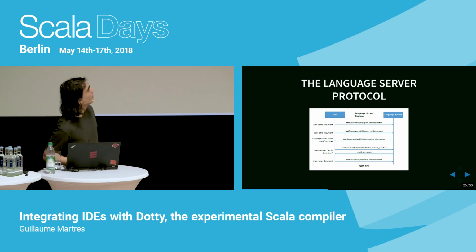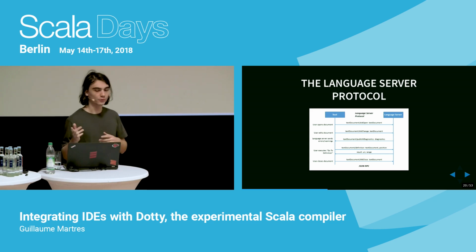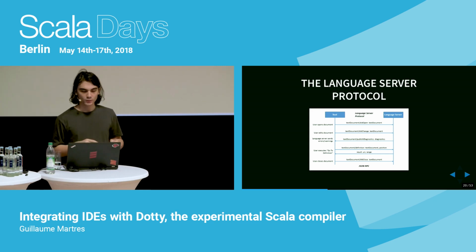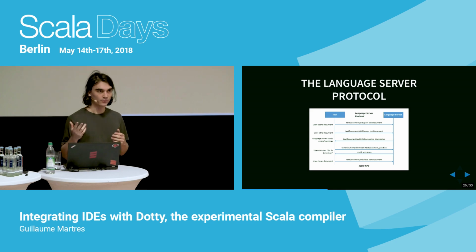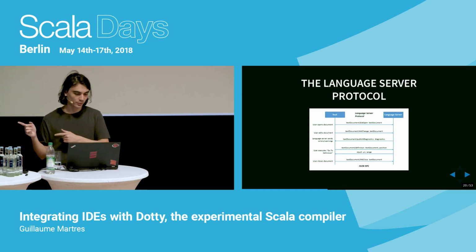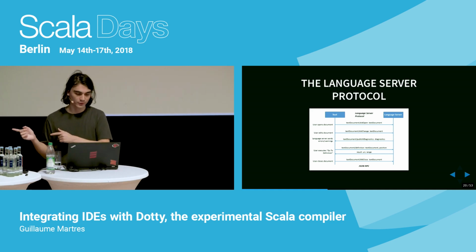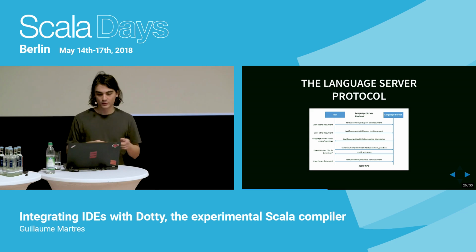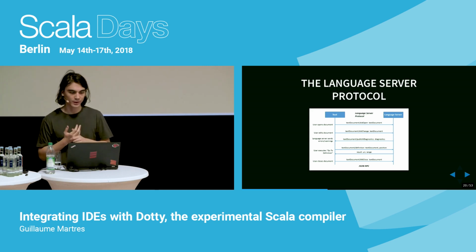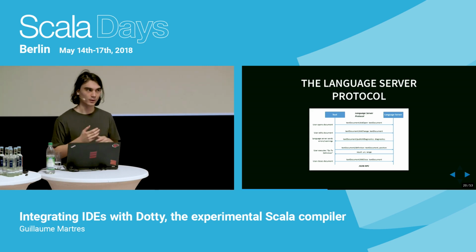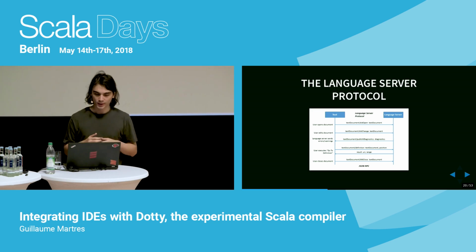So on one side, you have a tool, which is usually your IDE, and on the other side, you have a language server, which is usually your compiler. And when a user does something like opening a document, you're going to tell the compiler, hey, the user opened this document. And every time something changes, you let the compiler know. And then on the other side, the compiler can send information back to the tool about, say, error messages and more complex things.